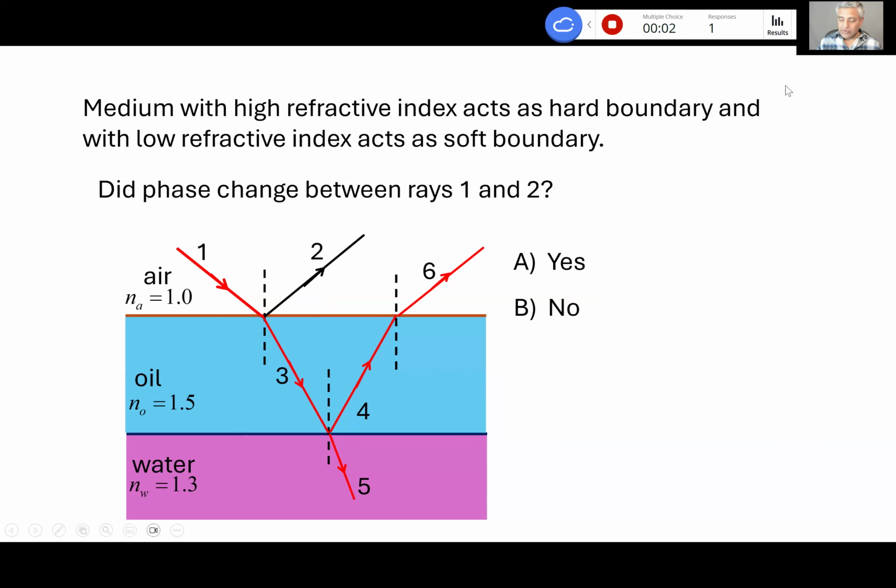For this question, you have 1 minute and 30 seconds. Rays are labeled something like that. So we're just talking about this one and that one for this question, nothing else.